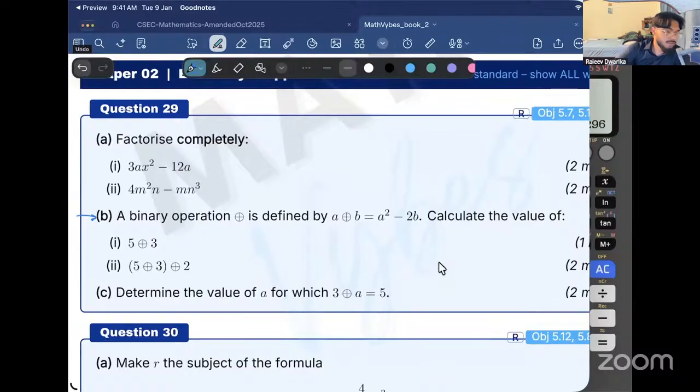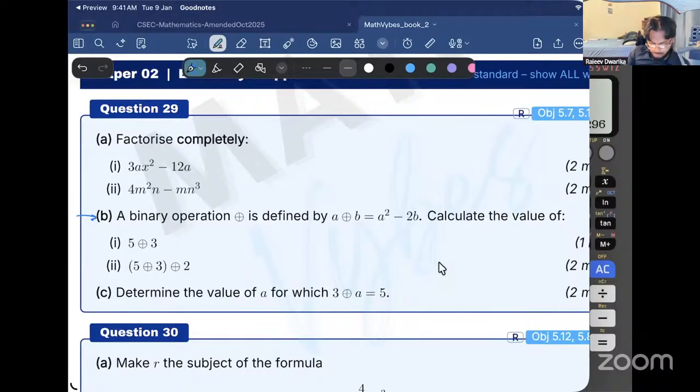A binary operation is defined by A circle plus B equals A squared minus 2B.